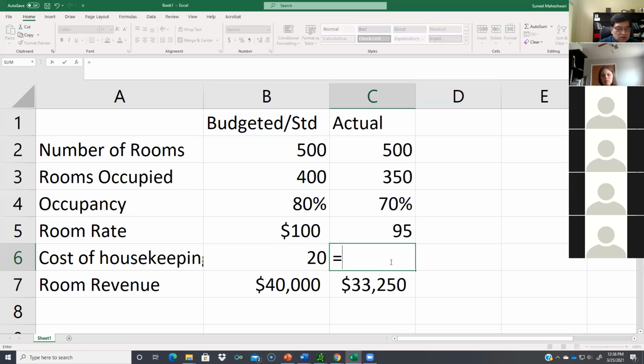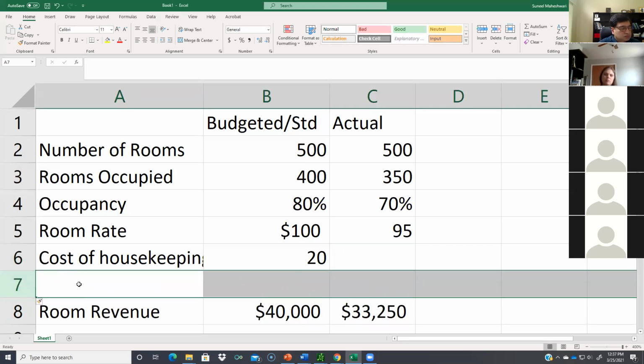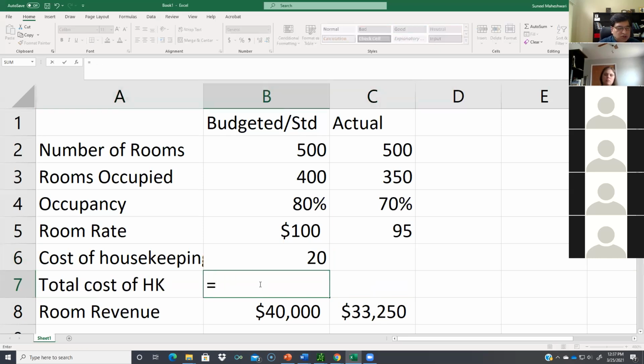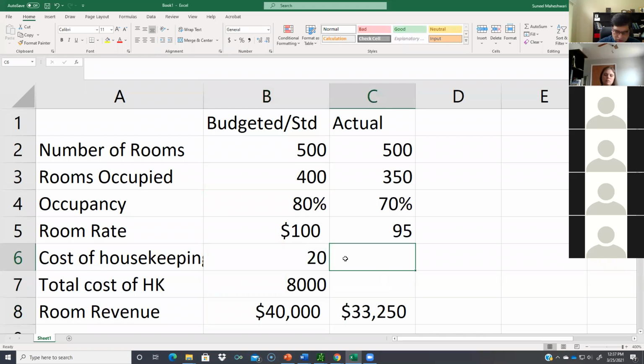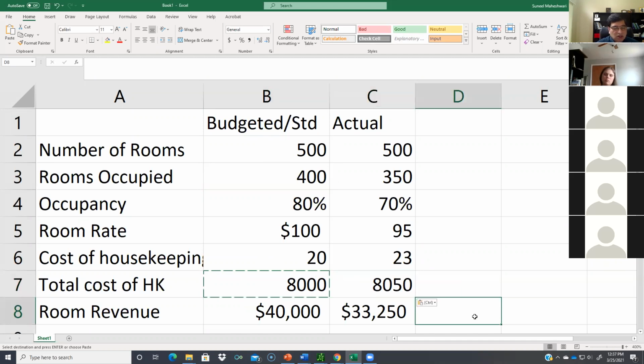That means total cost of housekeeping for 400 rooms was budgeted at $8,000. Your actual housekeeping was at $23. That basically means your actual cost of housekeeping will be $80.50.